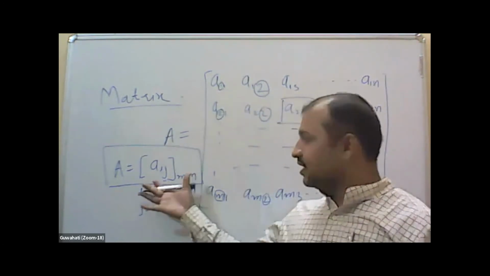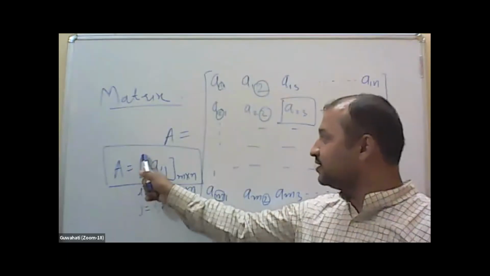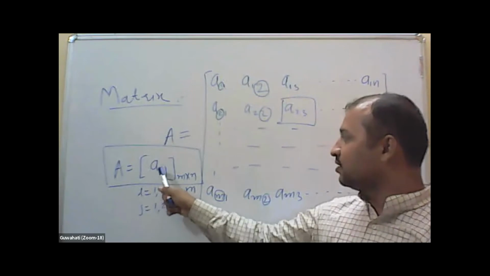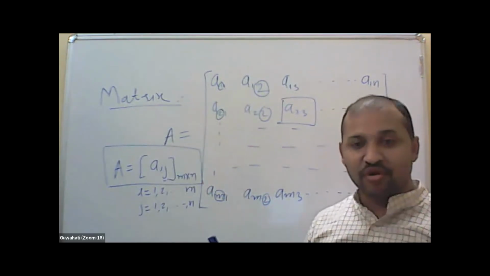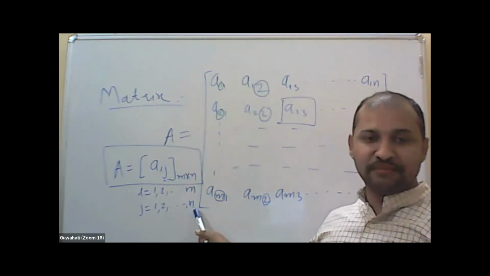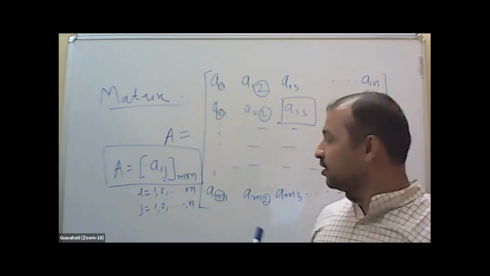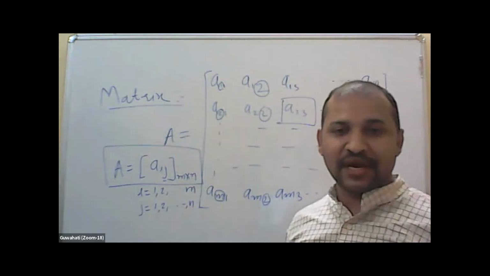If you can see this matrix A, this big matrix, I can write it in short form: A equals Aij. Here i varies from 1 to m, meaning there are m rows, and j varies from 1 to n, meaning there are n columns. So generally we will define the order of the matrix.